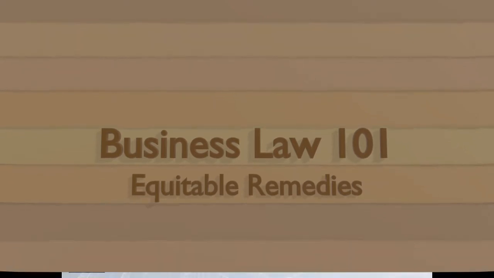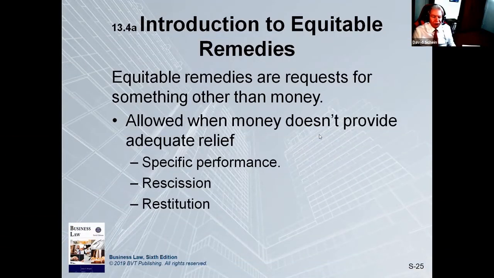Now, as we wrap up this chapter, they move to talking about equitable remedies. Remember back to Module 1, we divided remedies into legal remedies, which are generally cash, and equitable remedies, which are an order of the court to do or not do something. Now, in Old England, you had to pick your court.